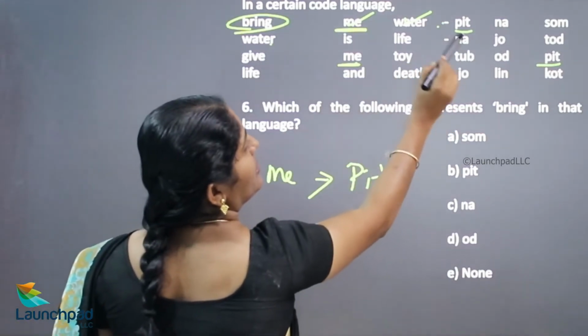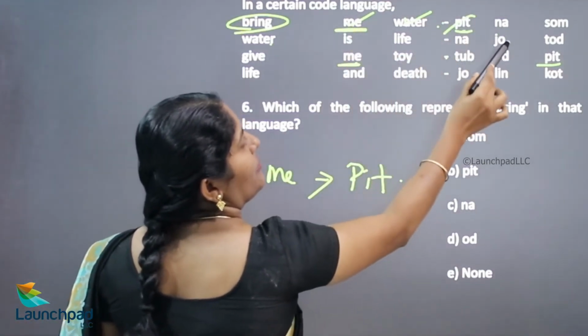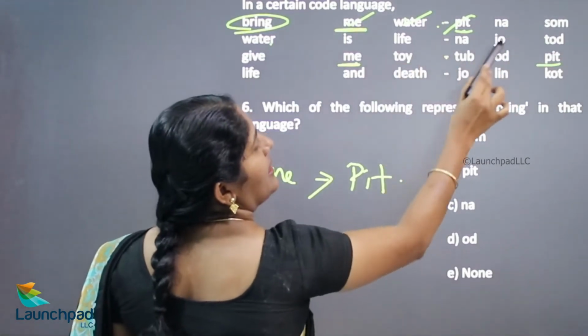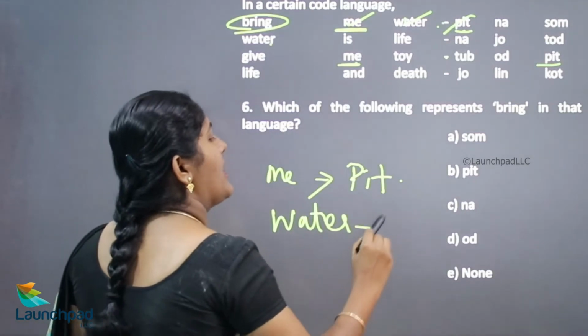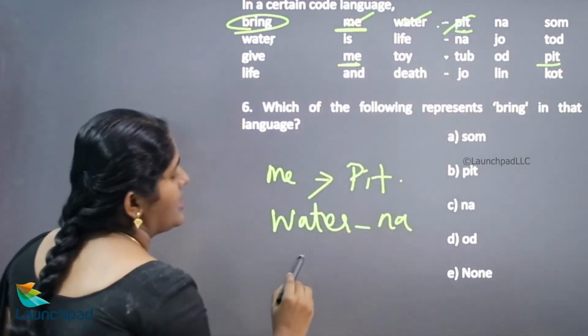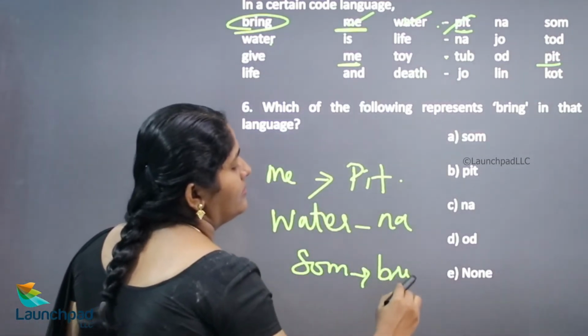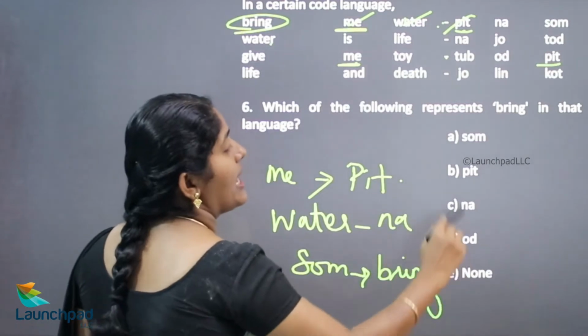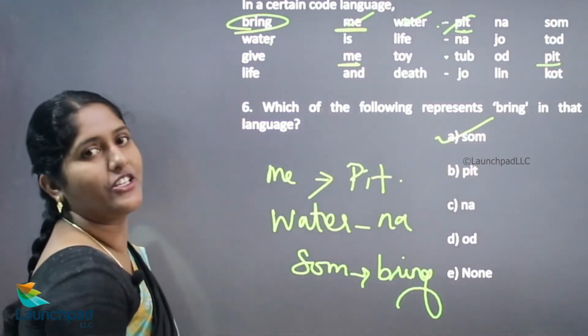What is the common word for water, excluding PIT which is for me? NA. Yes, water is denoted by NA. The remaining one word is bring, and the remaining one code is SOM. SOM for bring. So your answer is option A. We'll move on to your next question.